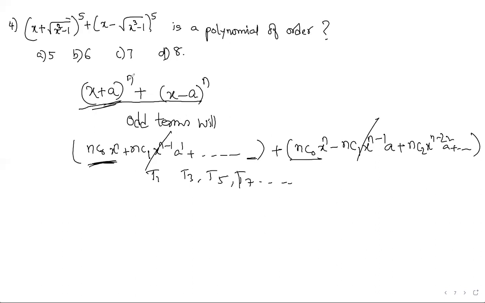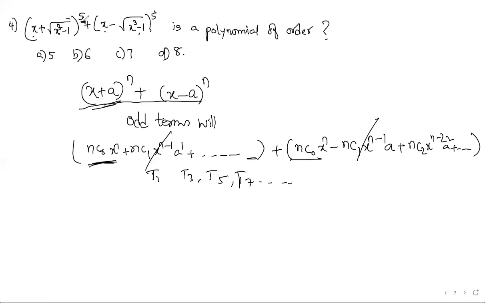So in our given example also, it's in the form of (x plus a) whole power n and (x minus a) whole power n. When we add this, only the even terms will remain. T0 is not even or odd, but T0, T2, T4, T6, T8 and so on will remain.